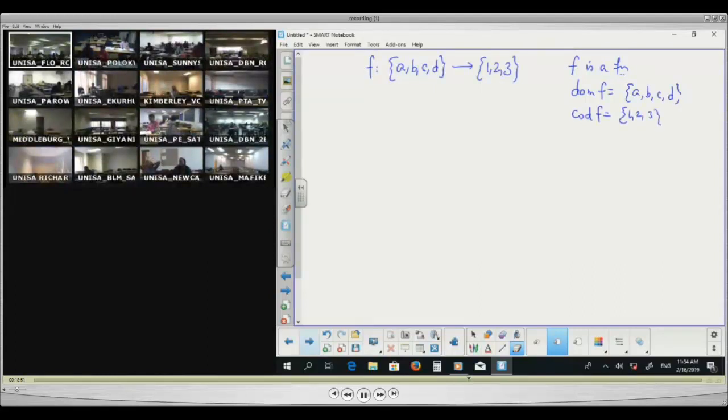So this means that f is a subset of the product. But when I say, what is f of A? 2. B? 3. C? 2. And D? Okay, so when I say this further, it tells me what the set f is.